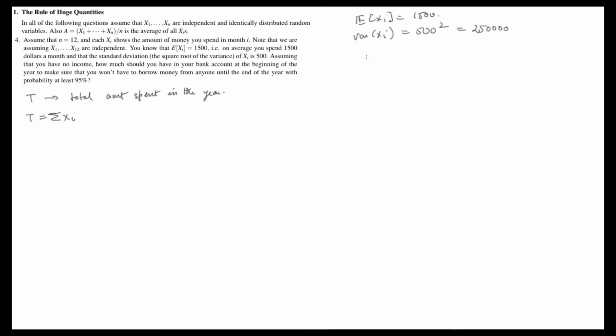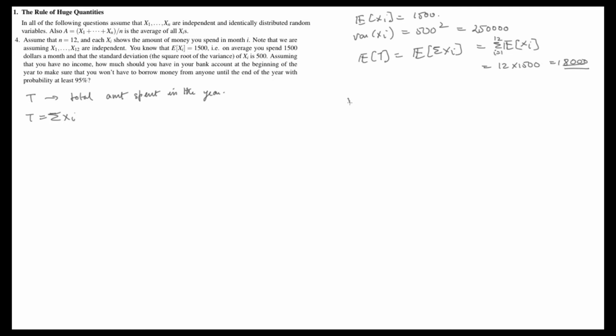So now, what is the expectation of t, which is equal to expectation of sigma xi, which from linearity of expectations gives us sigma expectation of xi. Since all the xi's have the same expectation, this goes from i equals 1 to 12. This is equal to 12 times 1500, which is equal to 18,000.